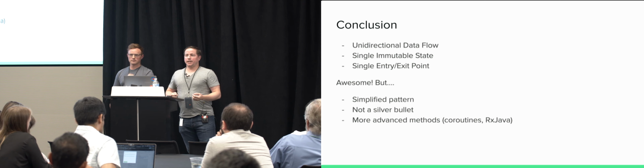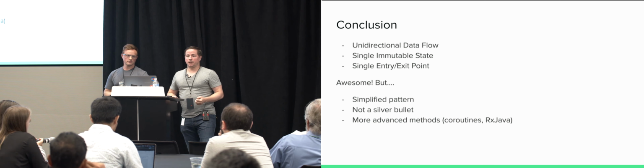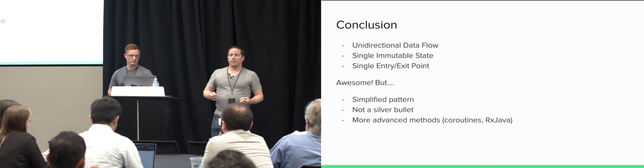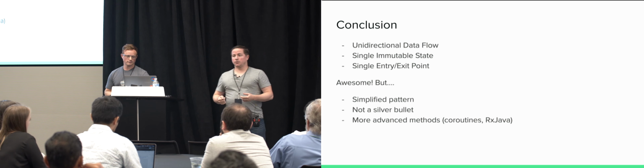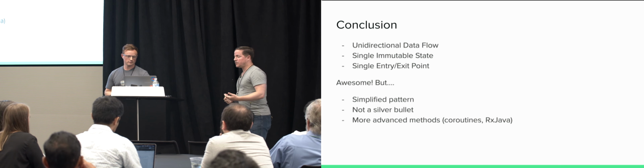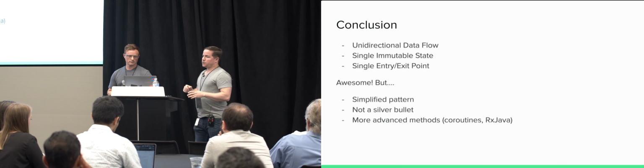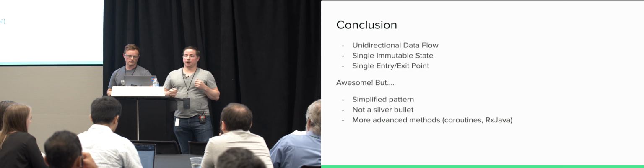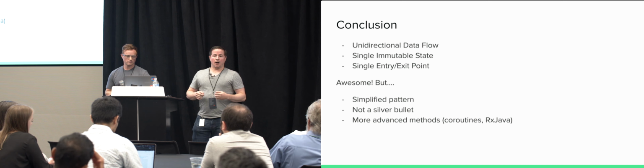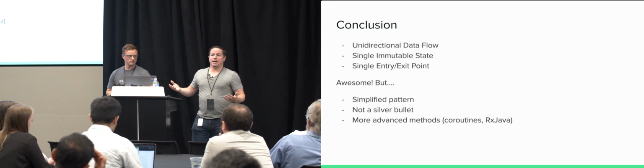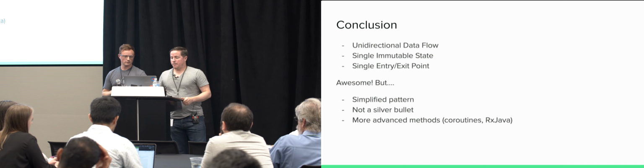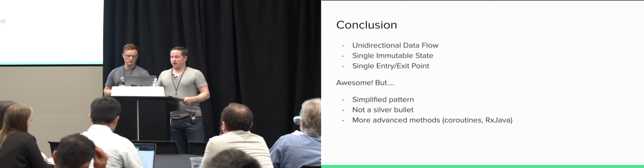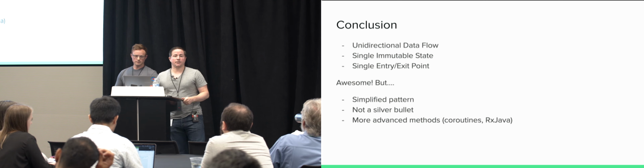They're not absolutely necessary, but they do have their purposes. Think back pressure that you can implement through Flowable in Rx or Flow in coroutines. Those are very helpful if you're having multiple interactions with a view, think a game or something to that degree.